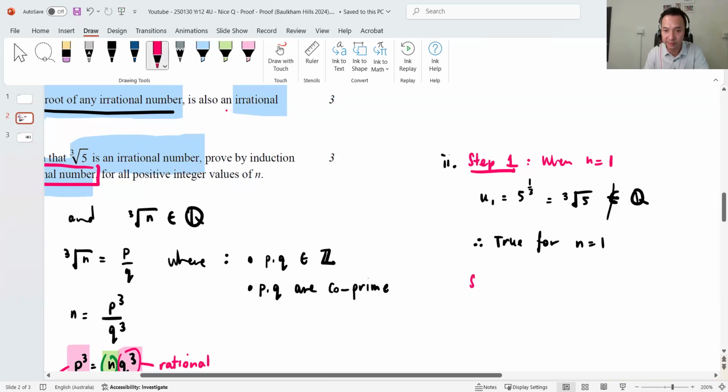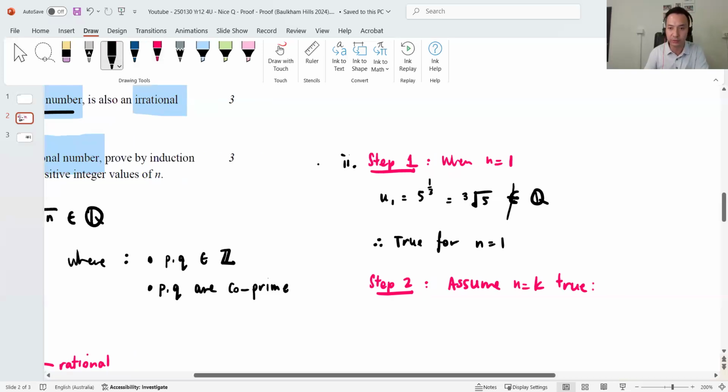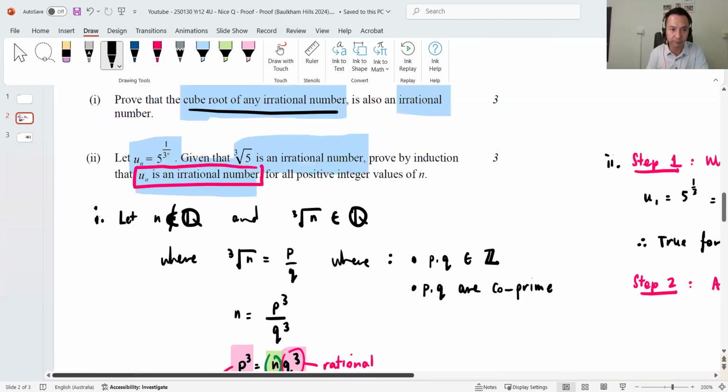Next one, step 2. Now, we assume, right? We set up our assumption, assume n equals k is true. So that means that u to the power of k, which equals 5 to the power of 1 over 3k, I think it is. Let me just check that. Yep.